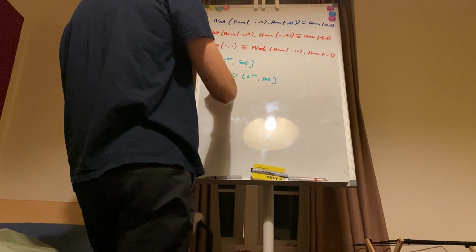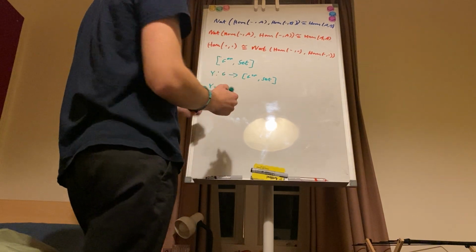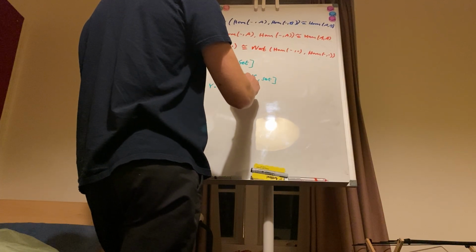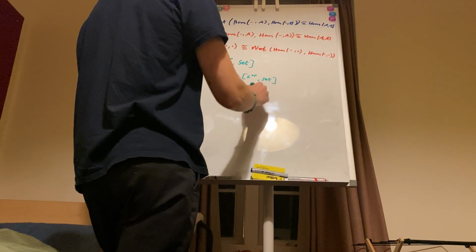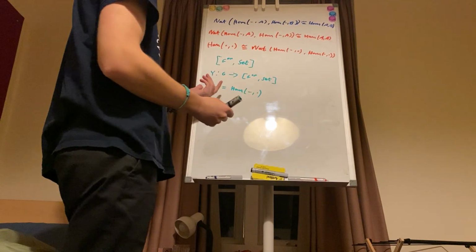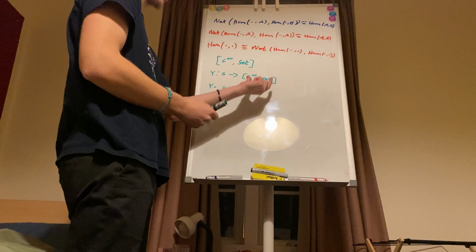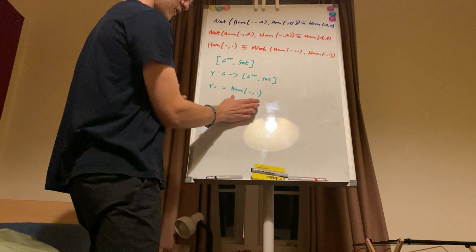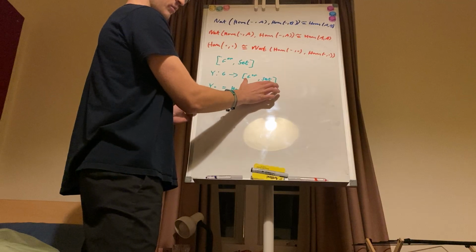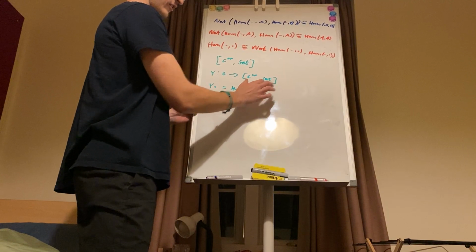So Y will take the object of G to the Hom set of that one point. And remember that this is an object in our category here because this acts as a functor, so it is an object in this category.